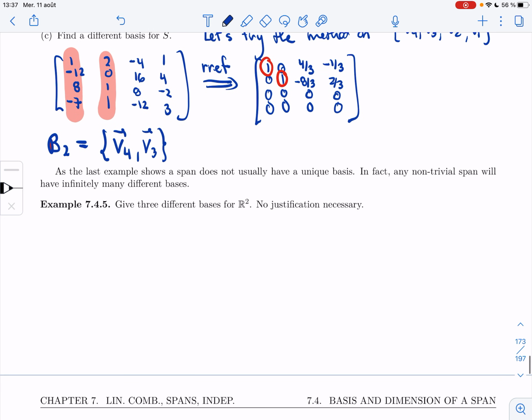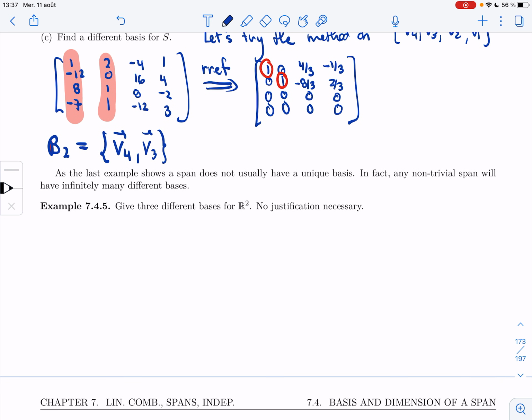All right, so I want to do this for R2. I want to give 3 bases for R2, and I'm told no justification necessary. All right, so I just need 2 vectors that are not parallel. And of course not 0.